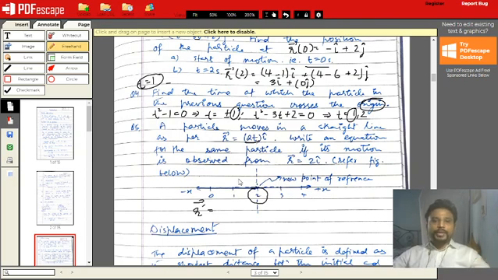To find the particle's position in the new frame of reference, we take the earlier position of the particle, that is 2t i cap, and we subtract the position of the new frame of reference, which is 2 i cap, from the original position of the particle. This will give us the position of the particle in the new frame of reference.